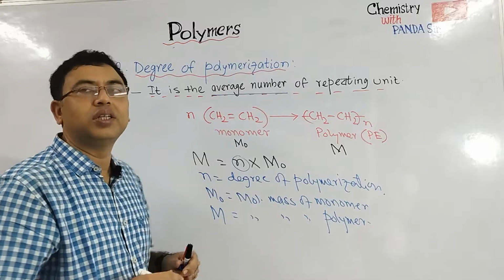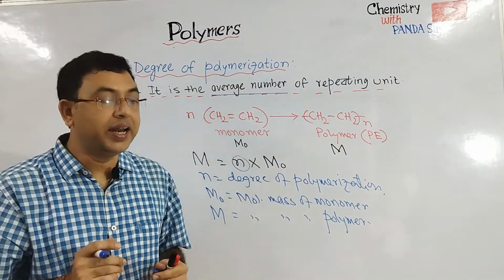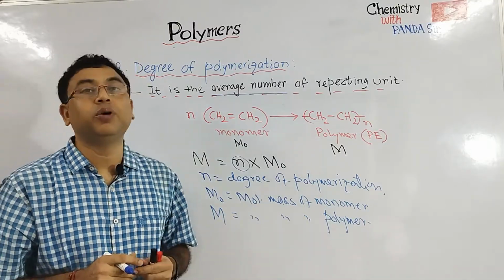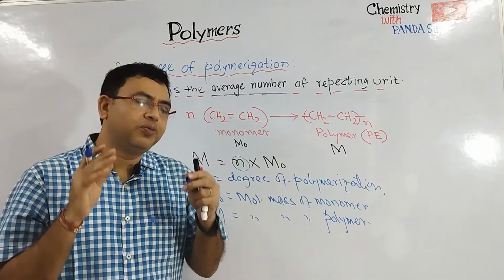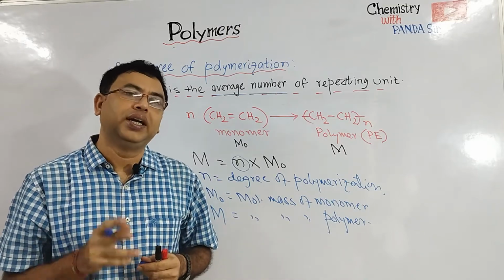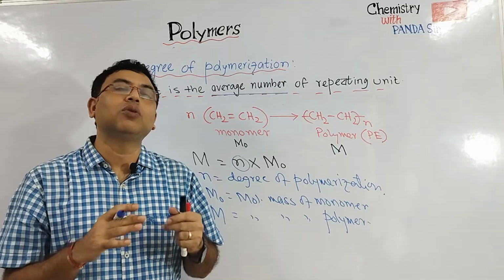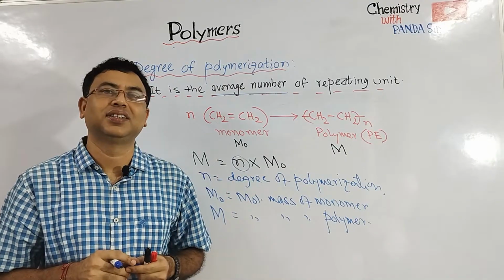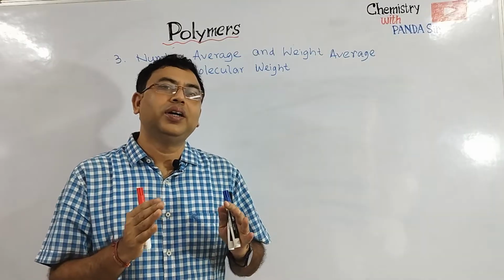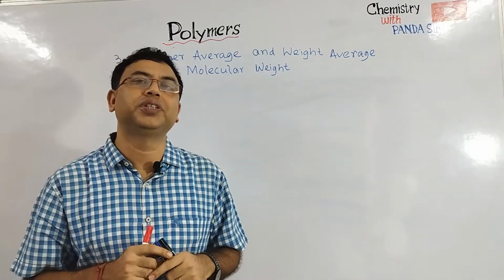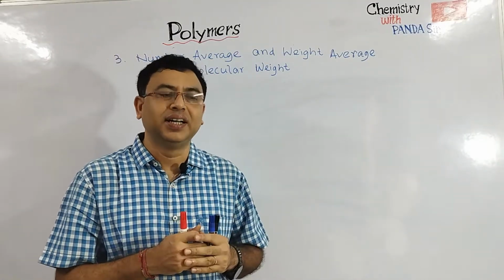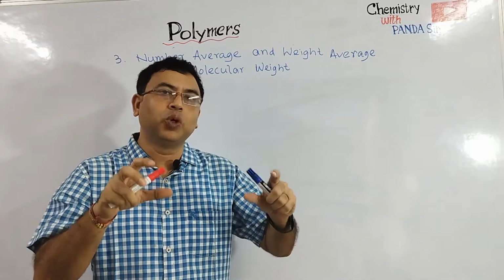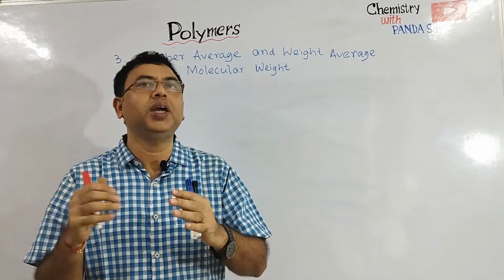So this is the degree of polymerization, and now we are going to talk about our third topic, which is very important and crucial in this video: the calculation of average molecular mass. In continuation of our previous discussion, we understood that different numbers of monomers join to give a polymer.